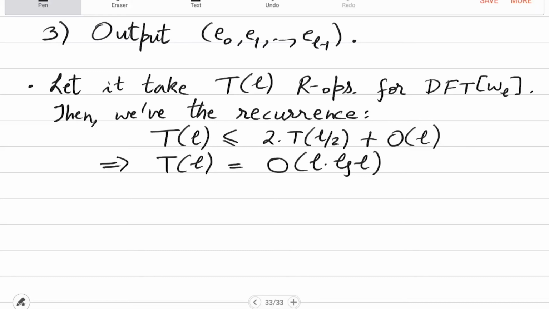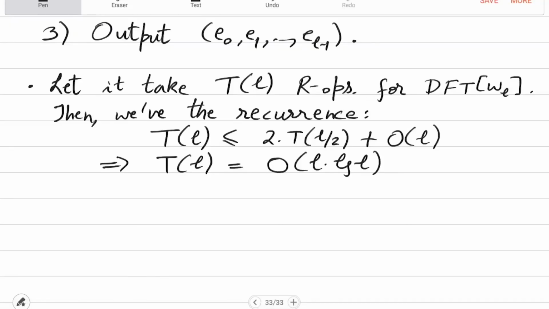This is for our idea number 1, where you wanted to evaluate f and g. So all the evaluations are basically computing, that is the same as applying DFT twice. So that can be implemented in L log L, right? And then you had idea number 2 and 3.